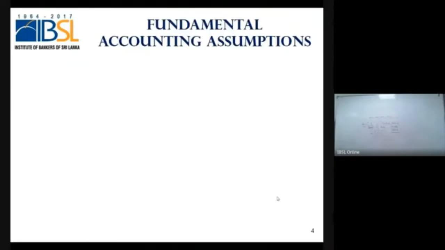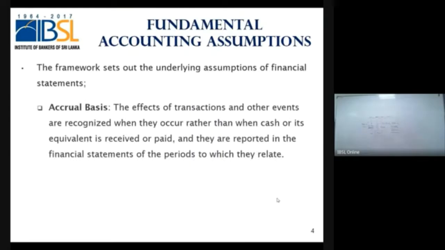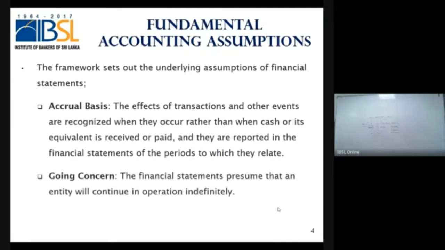Right. We'll go to the next concept, going concern. So going concern is where the financial statements of a company are prepared on the basis that the company will continue in operation, and that is for an indefinite period.